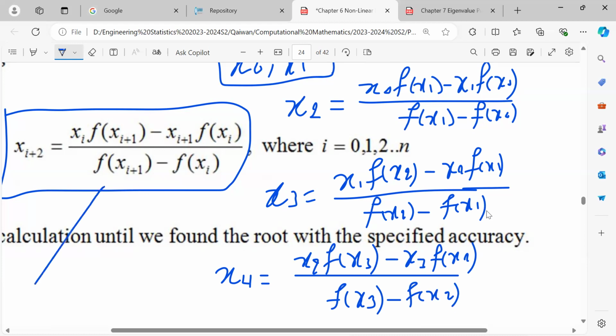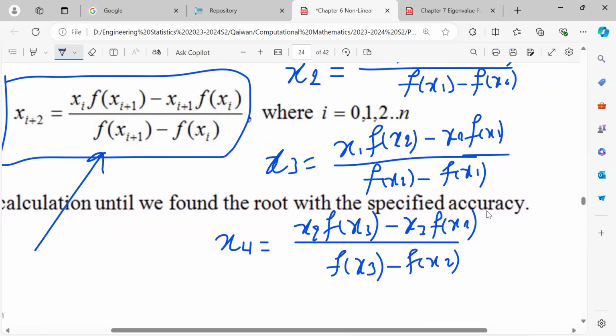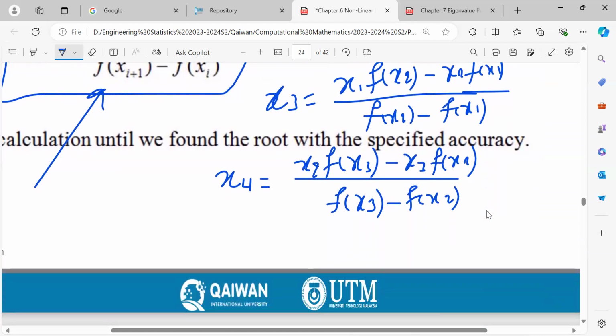Based on this rule, we write these down. The next x is x5. To find x5, we use x3 and x4. We always use the last 2 values of x for finding it.